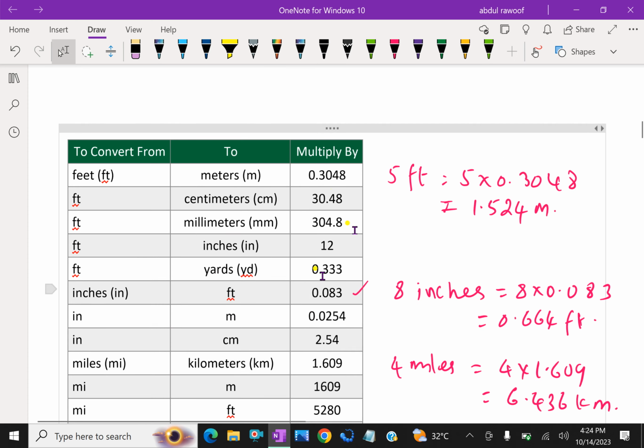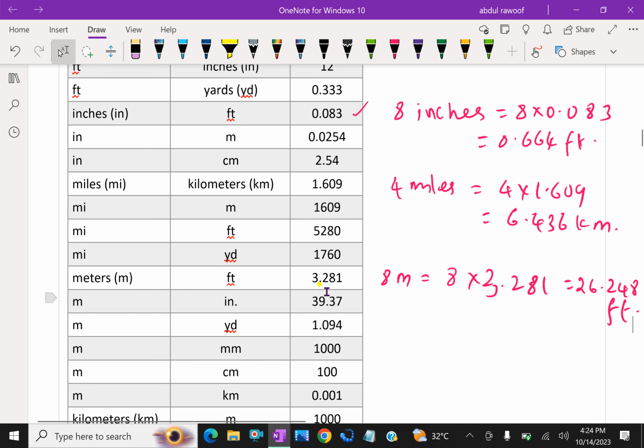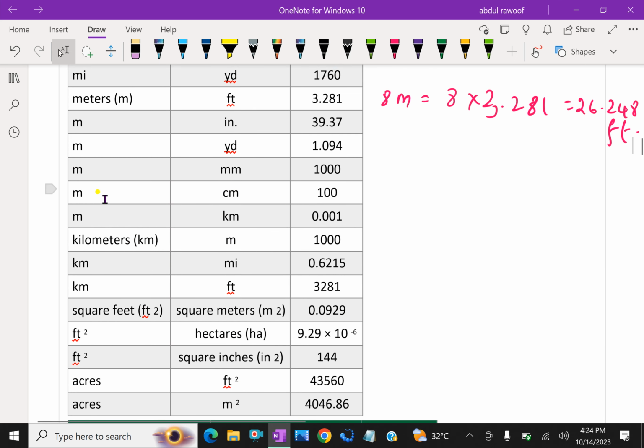This factor is the reciprocal of the earlier one, that is 1 over 0.3048 is 3.281. Likewise for meter to inch, everything, we use these conversions to convert from one unit to another. It is very useful for calculation purposes.